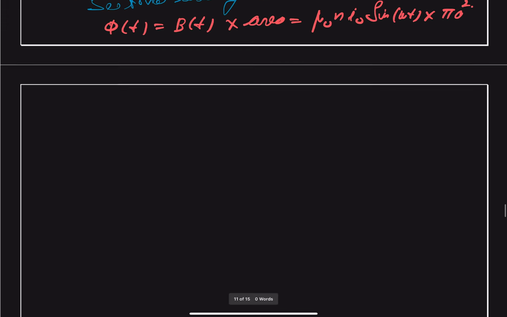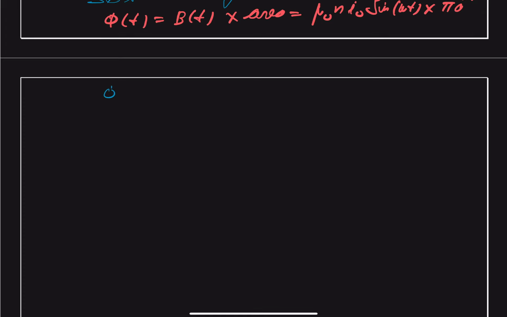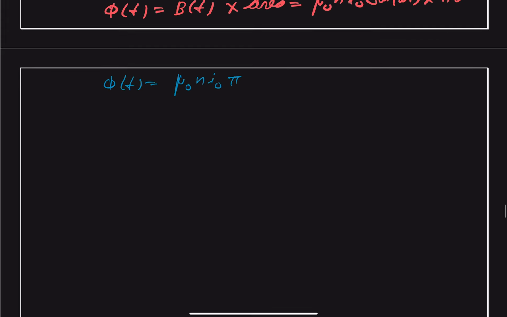So we can write that flux phi of t will be equal to mu naught n I naught pi a square sine of omega t.